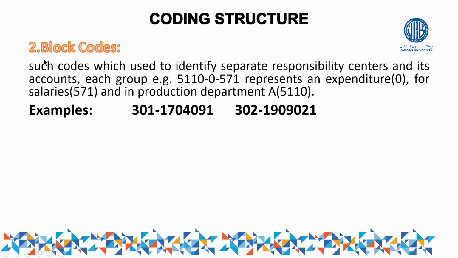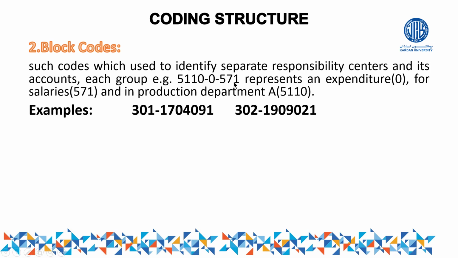After sequential codes, the next type of code is called what? Block codes. Block codes are basically codes which are a combination of several parts and show two or three activities. For example, suppose this part shows which department the code belongs to, and this belongs to expenses.